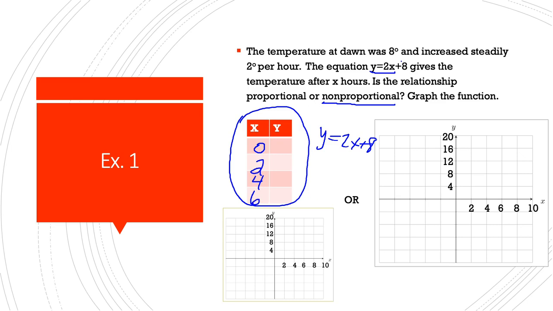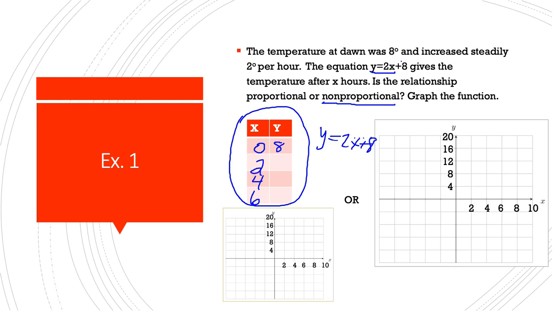If I plug in 0 for x, then I'm going to get a y value. So let's do that. What's 2 times 0? Okay, if I plug in 0 for x, 2 times 0 is just 0. Plus 8 is 8.